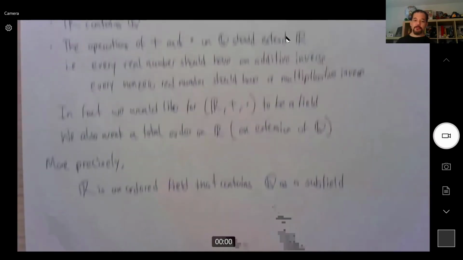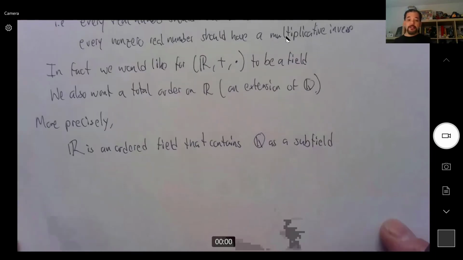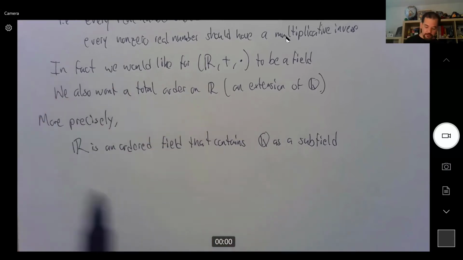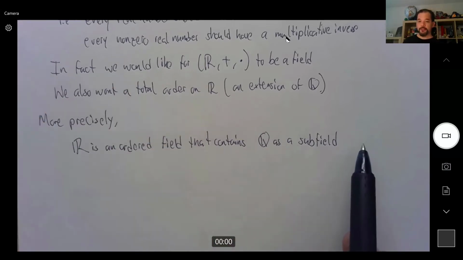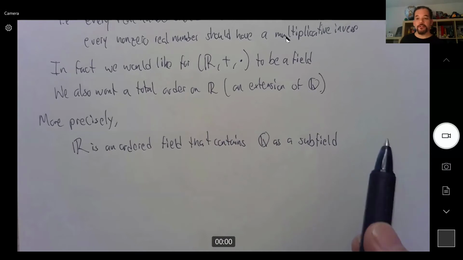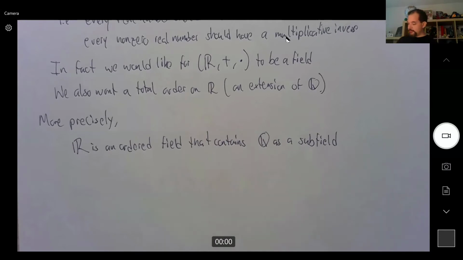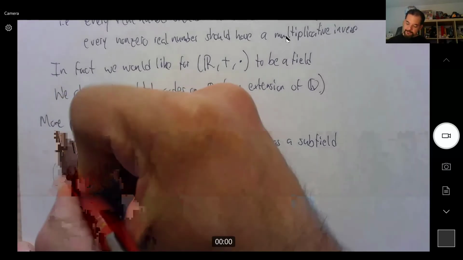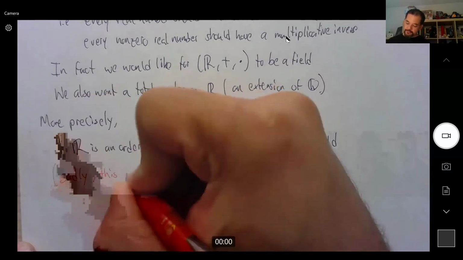So what I mean by this is that the rational numbers are inside the real numbers, and the operations on the rational numbers extend to the real numbers. And maybe, like I was telling you, maybe this is enough. And sadly, that's not the case. Okay, so let me write it here. Sadly, this is not enough.